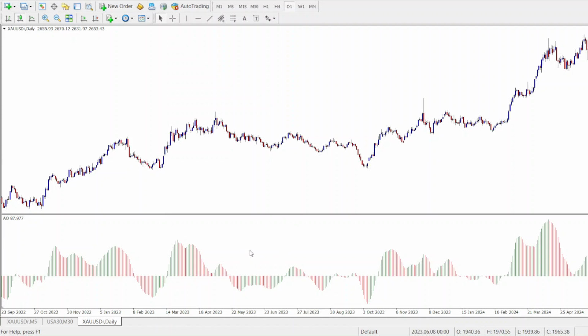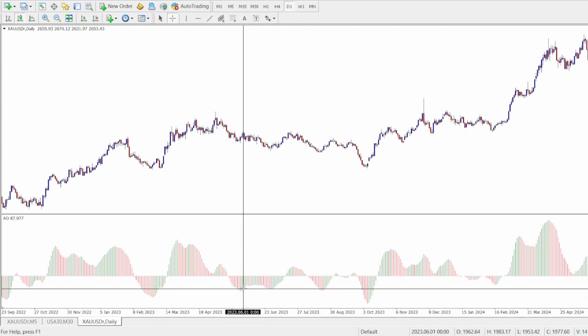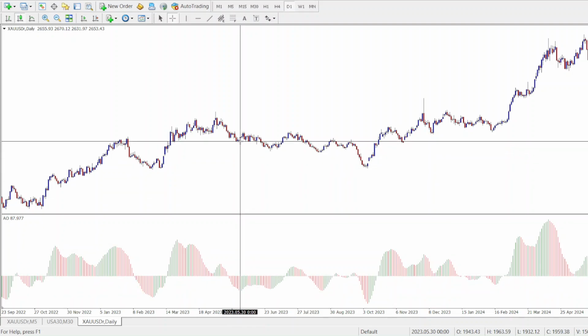And then when we found a red bar below the zero level, we could have considered entering a sell trade around here. We would have set our stop loss somewhere around here, and then as for our take profit, we can wait for a green line to form, and that would have been exiting a sell trade around here.